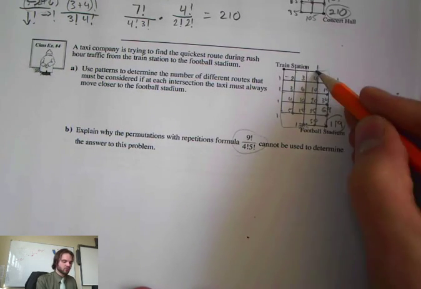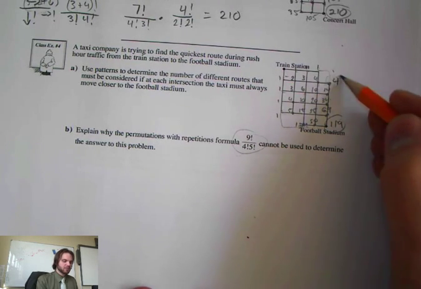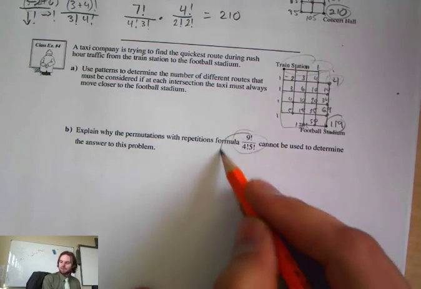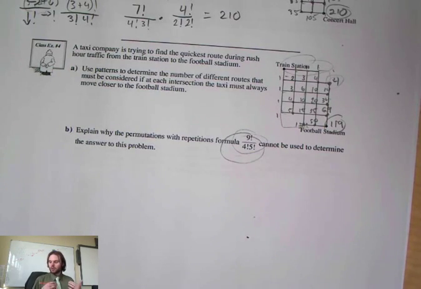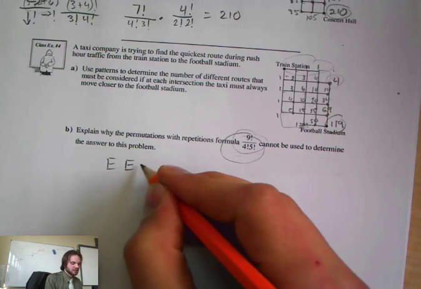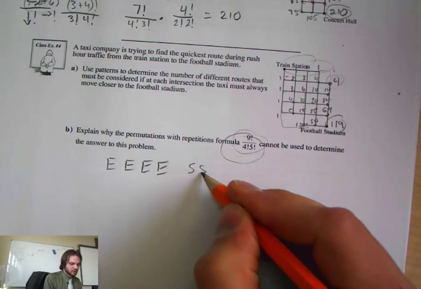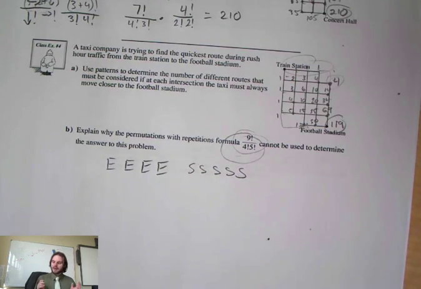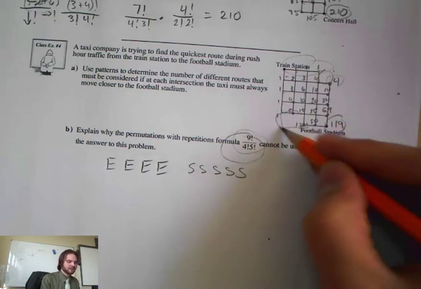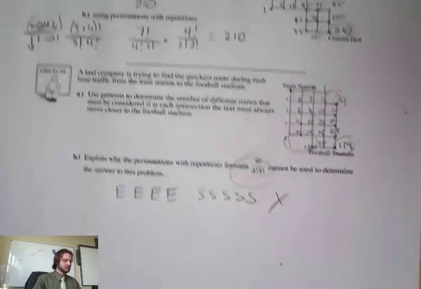I have 1, 2, 3, 4 going to the side, but this repetition isn't the same as that. Therefore, this cannot work. It isn't east, east, east, east, and then south, south, south, south, south. It doesn't work that way. There are those, but there are these squares missing, so it cannot work. Okay? Does that make sense?